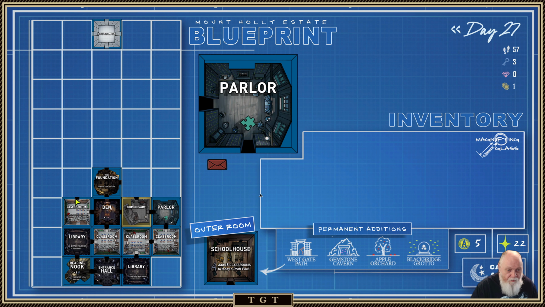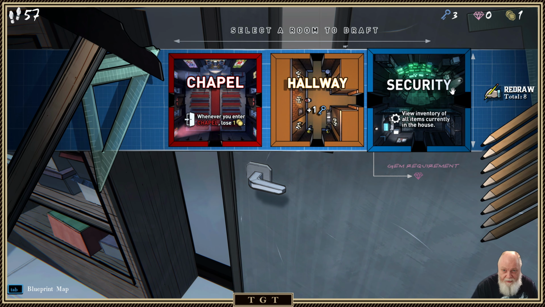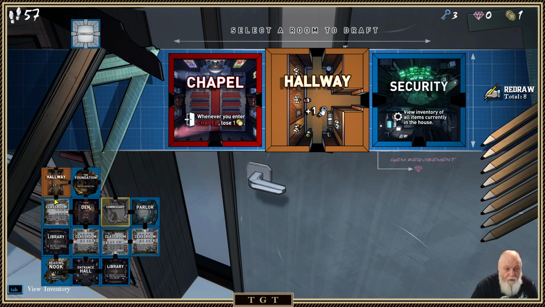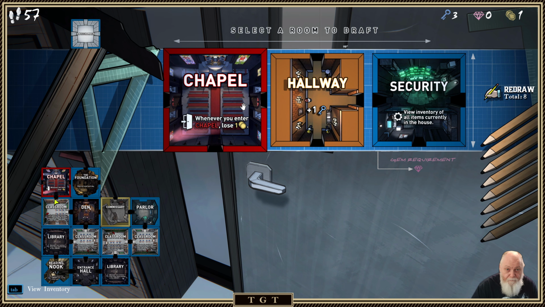This is our only doorway. But we've got a lot of rerolls here. We've got no gems, so we can't do security. Hallway gives us a key, gets us forward, doesn't get us over here, though.